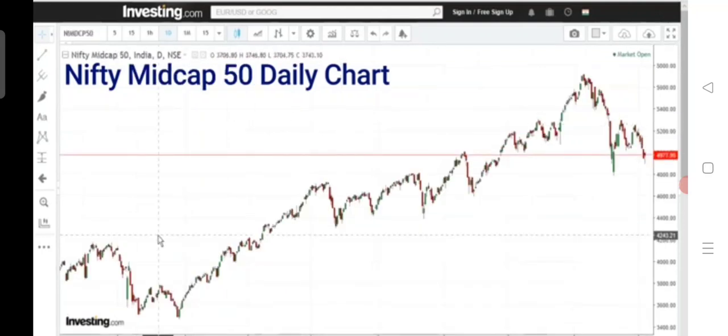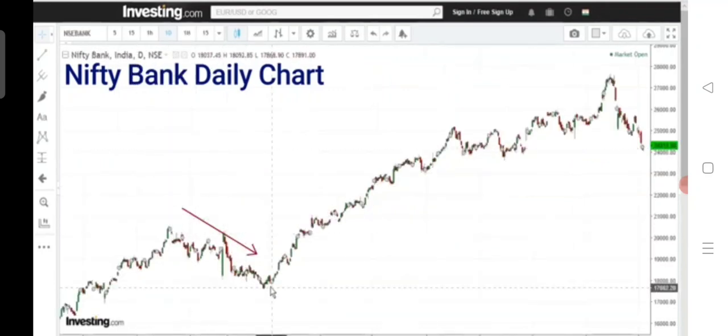In the Mid-Cap 50, this was a little bit lower low, but for all practical purposes, this low was similar to the level of the previous low. So the Bank Nifty was indicating the continued down move.